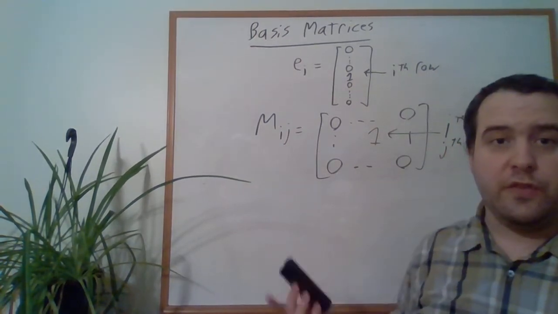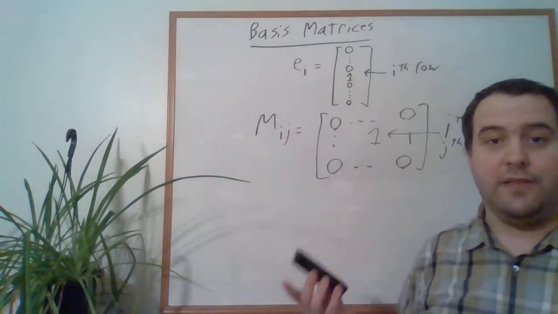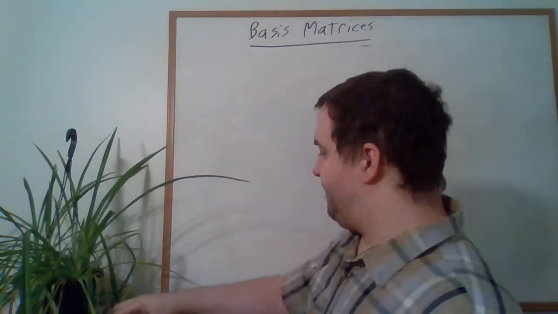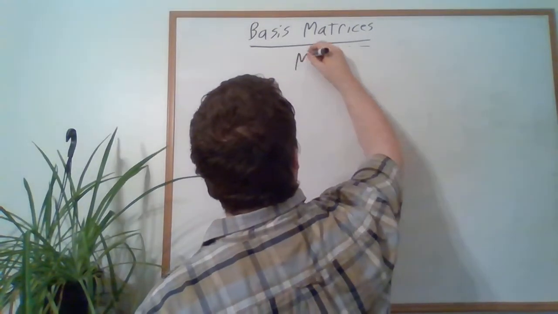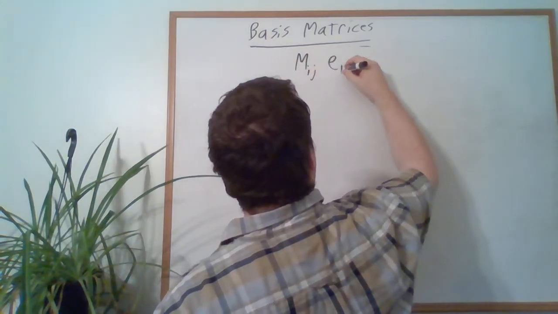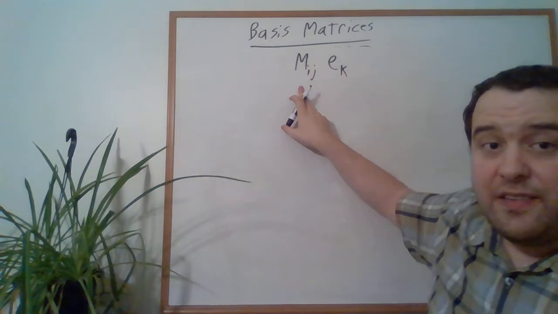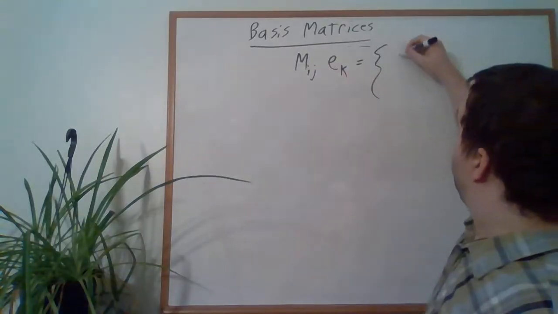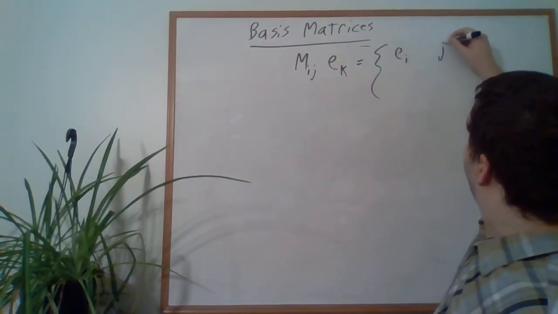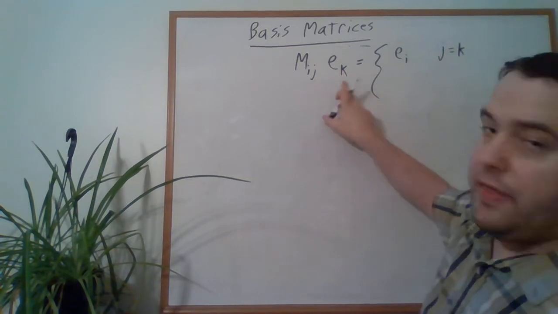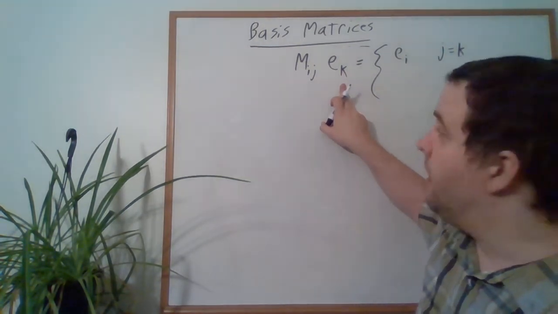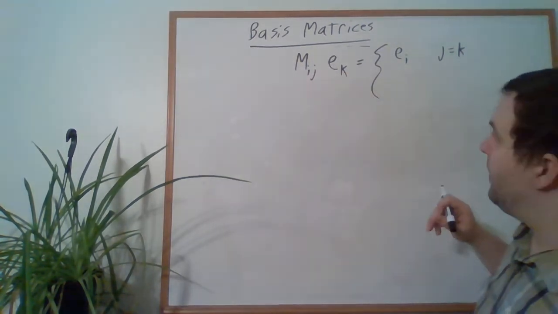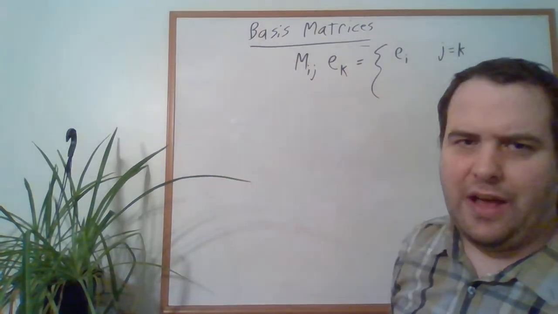If you want to multiply these, there are two simple formulas that you need to know, and that's it. If I want to multiply a basis matrix by a basis vector, if the adjacent indices agree, then it's just going to be the remaining index basis vector of the appropriate dimensionality.